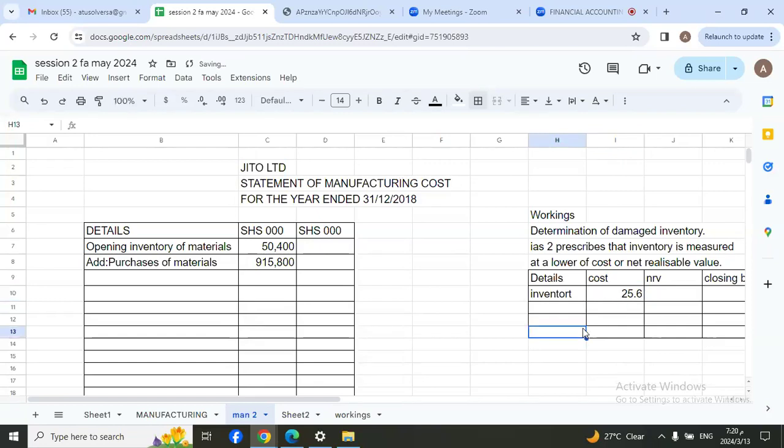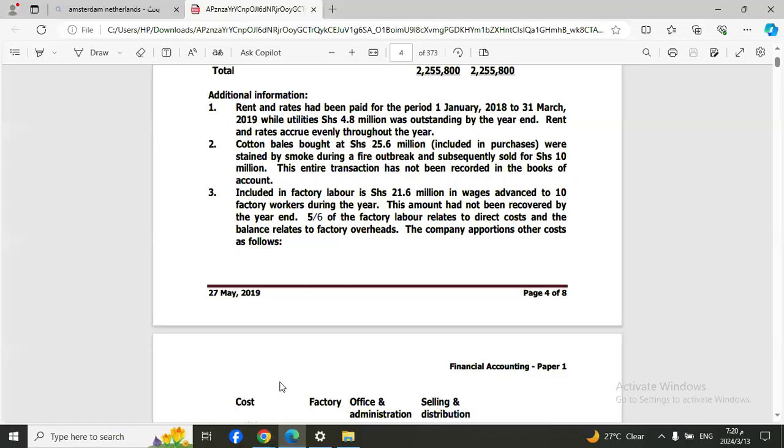This was the cost of inventory. Included in purchases were stained by smoke during a fire outbreak and subsequently sold at 10 million.